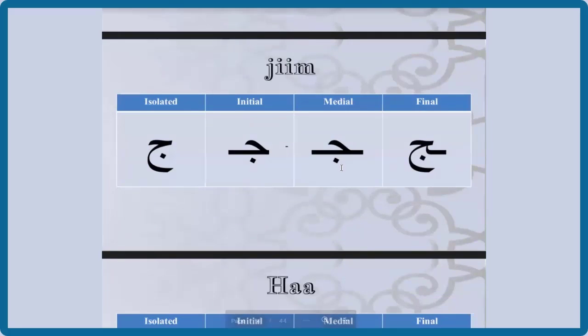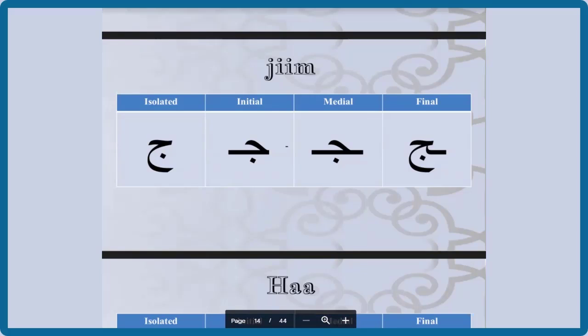Both have a dot at the bottom, but there is a difference in their shape, right? And this is the final form of Jeem. Whenever Jeem comes at the end of the word, it will be like its isolated form, okay?